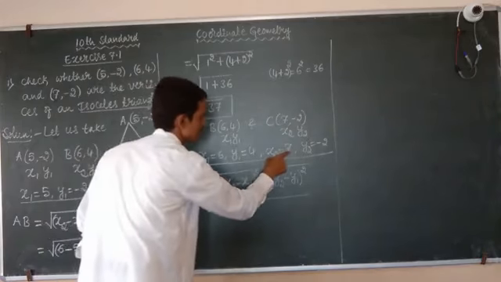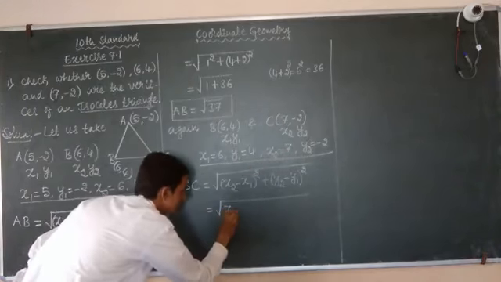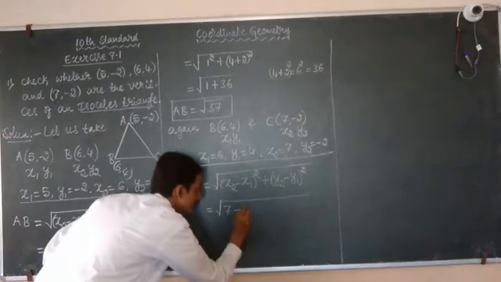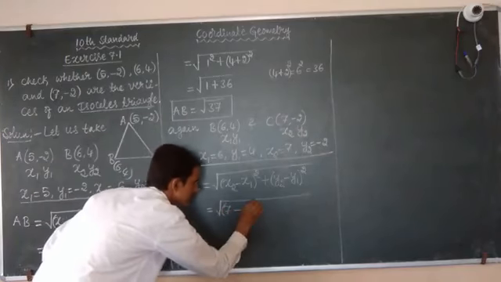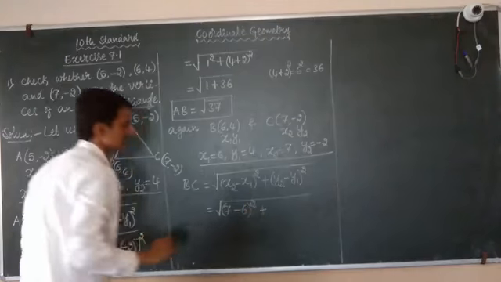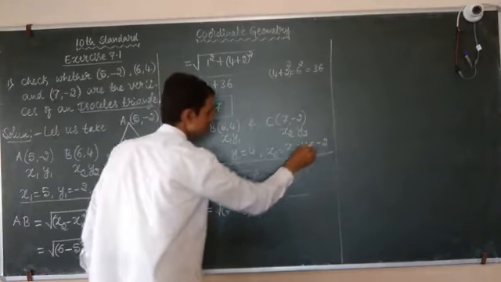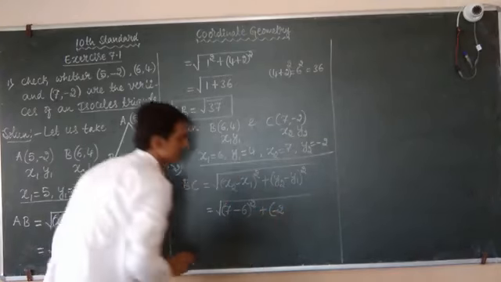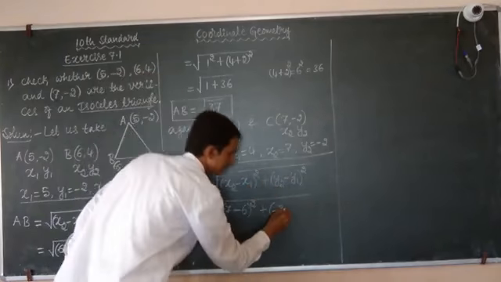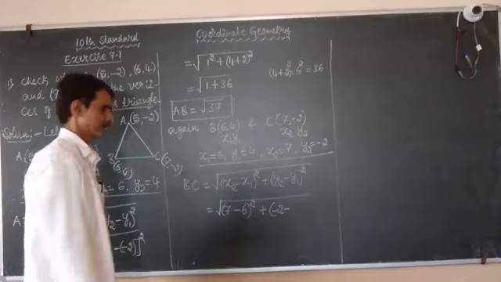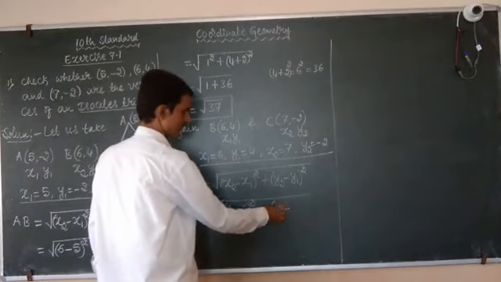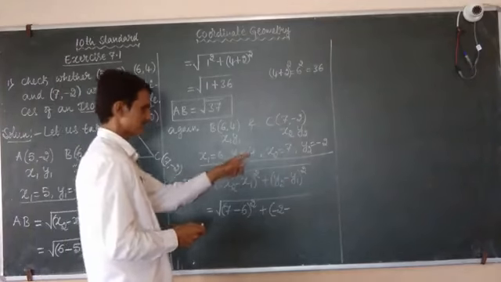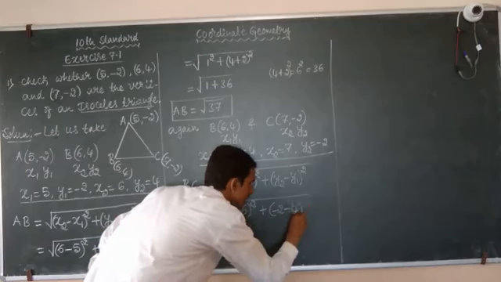x2 is 7 minus, the minus in the formula, x1 is 6. 7 minus 6 whole square plus y2, which is minus 2. In the formula we already have the minus sign. So y2 means minus 2, and y1 is 4, whole square.